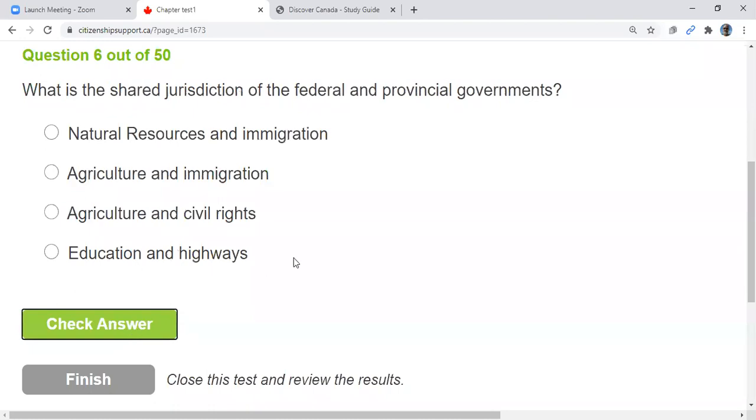Very good. Okay, and now we have Diallo, I think. What is the shared jurisdiction of the federal and provincial government? Number 4. So this question is what do... Take your time.